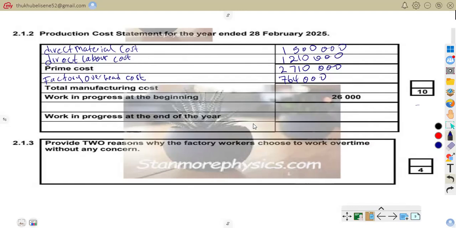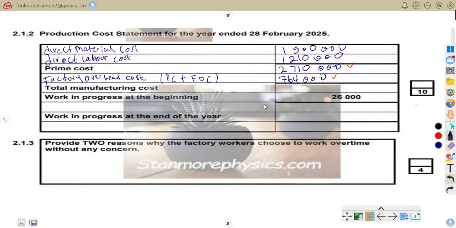So now we are to have what? A total manufacturing cost. For us to get total manufacturing cost, we have to add prime cost plus factory overhead cost. We have to add these two, then we'll get our total manufacturing cost.